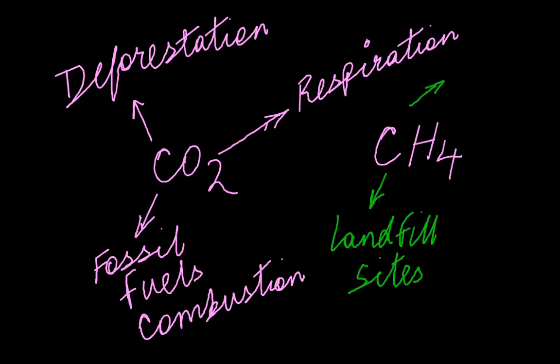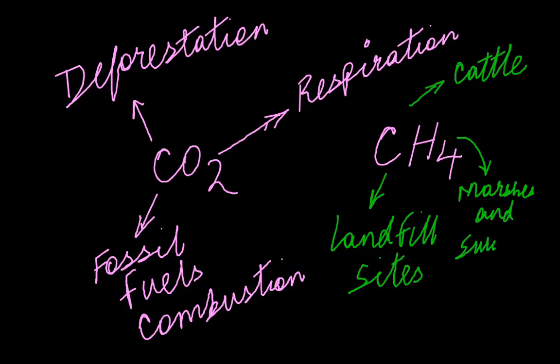They burp out methane because of the organic matter decomposing in their gut in anaerobic condition. So cattle also release a lot of methane, and methane is also called marsh or swamp gas. So methane is produced in marshes and swamps where organic matter will decompose under anaerobic conditions.